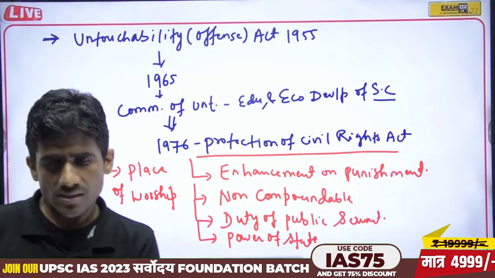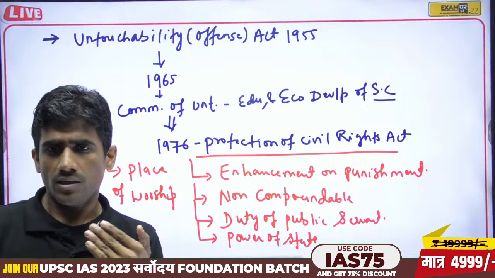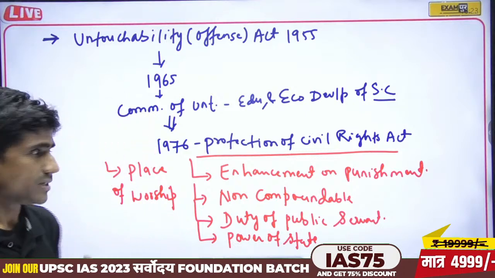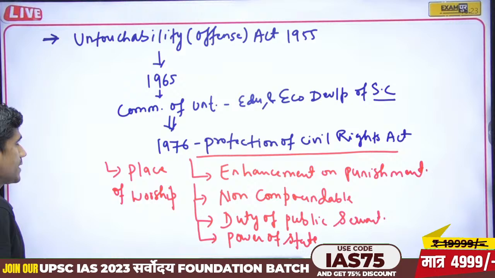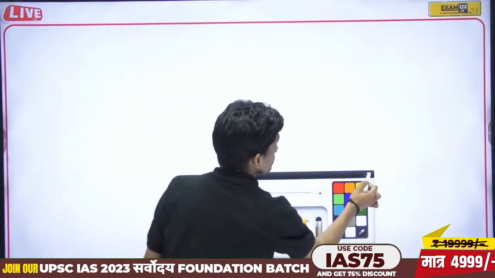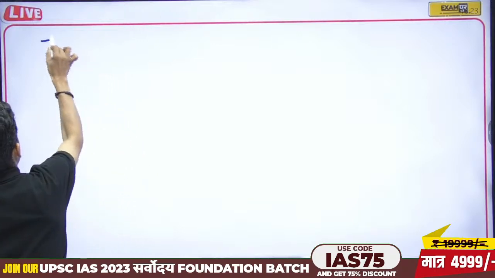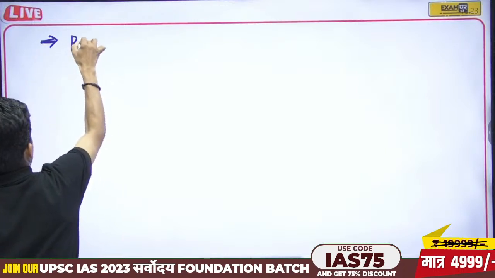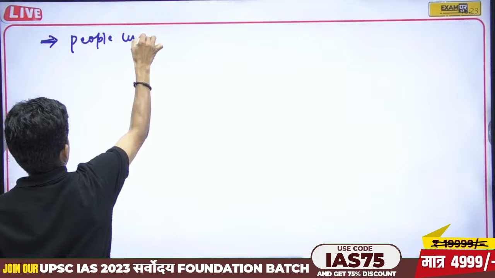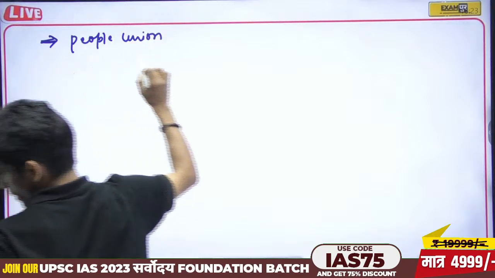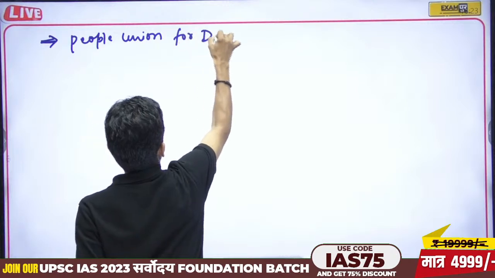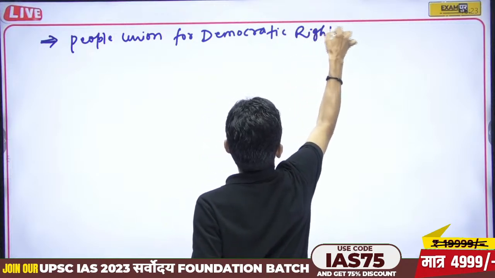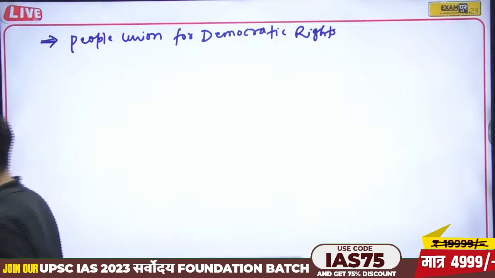Basically, Article 17 is against the state. But after this judgment, untouchability is also against private individuals. So that judgment is very important. I think you are getting my point. The judgment is People's Union for Democratic Rights versus Union of India.